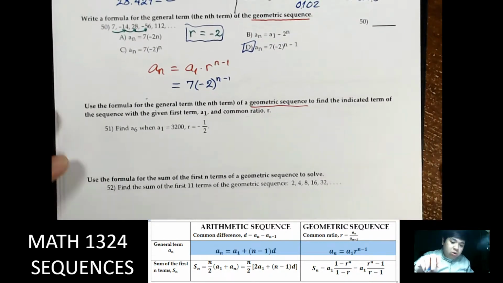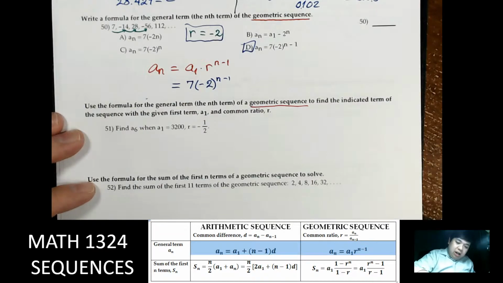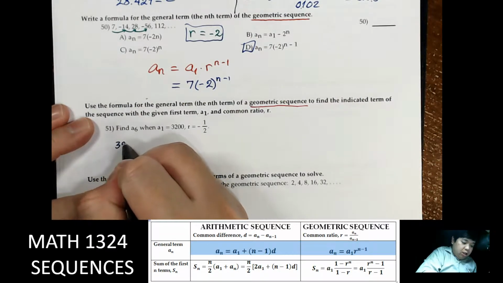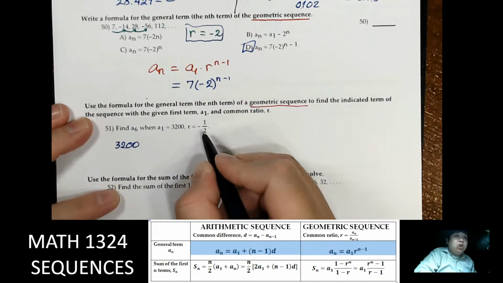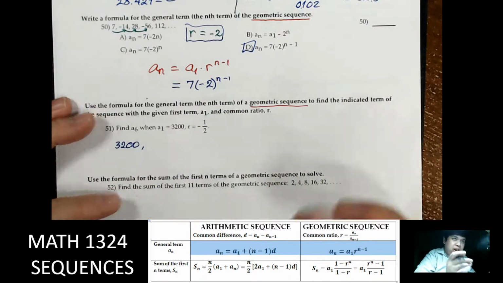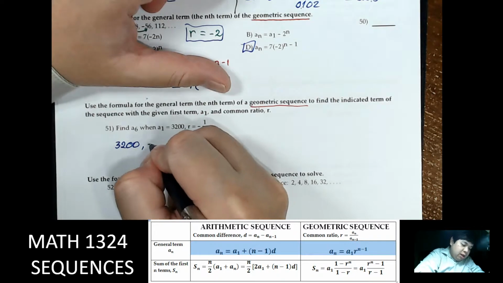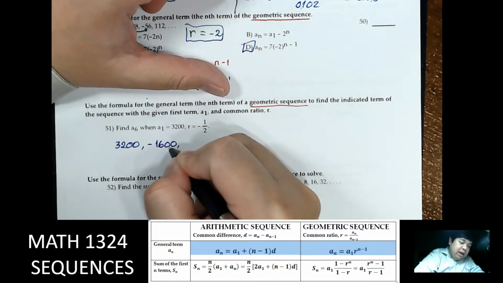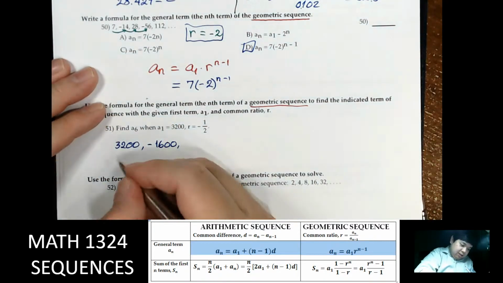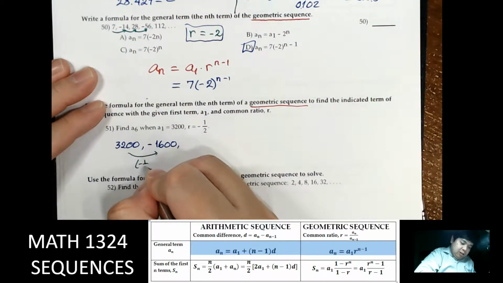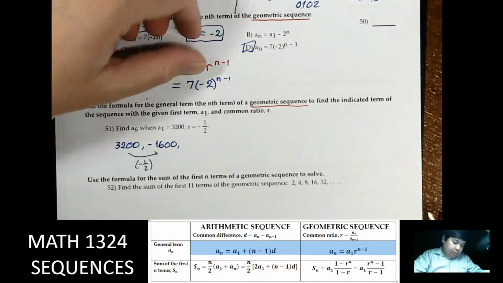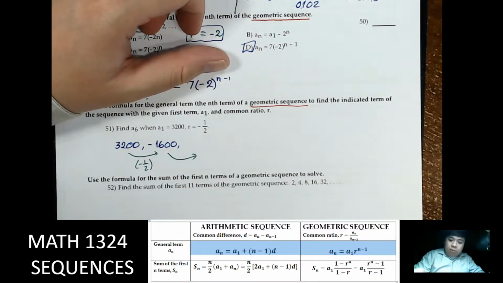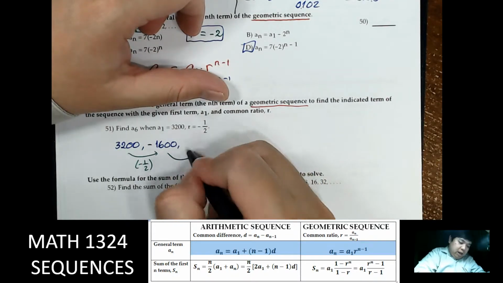51 is also rather simple. We can do this without the formula actually. We start from 3200, and the ratio is -1/2, so we multiply by -1/2 every time. -1600 and -1/2 will be 800.